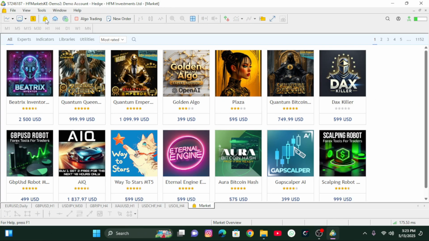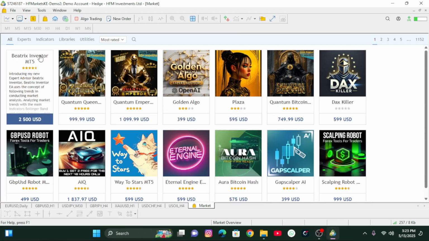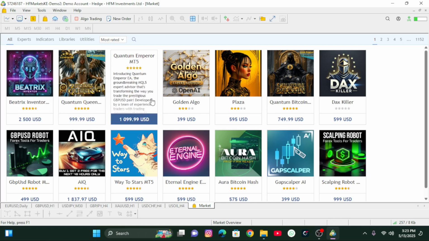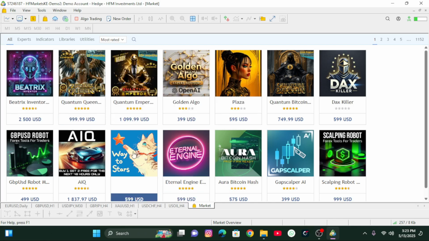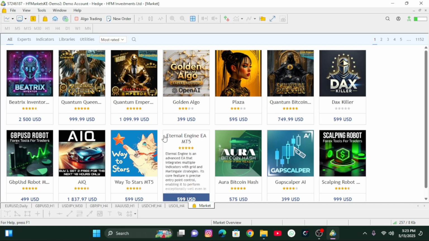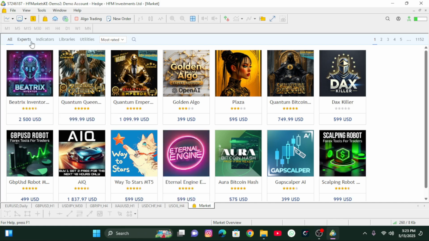So when you are on the MQL5 market, you will come across various different assets or tools that you can use. Now from this panel here, you can see you can access the experts. These are mainly the trading bots.